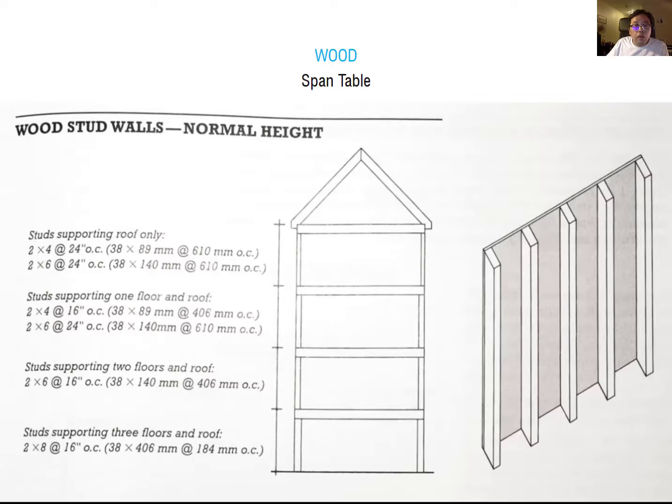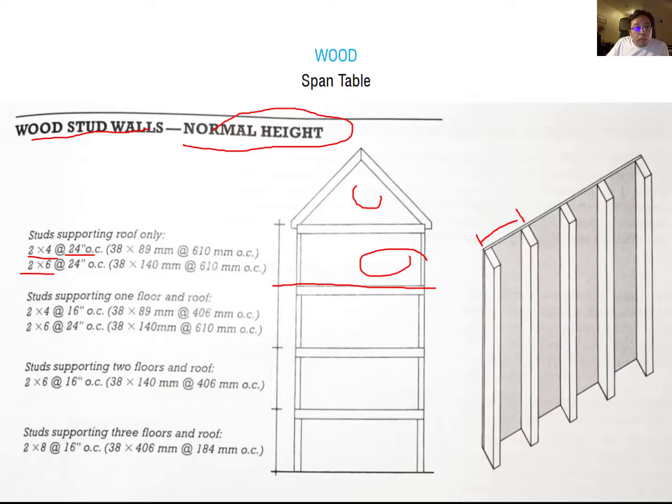Okay, so now you can decide about the wood stud wall and how you can decide the height basically from the timber size. So first one, your building only has a single story with a roof. In this case, you can use 2x4 or 2x6, with 24-inch spacing between the vertical studs, okay?